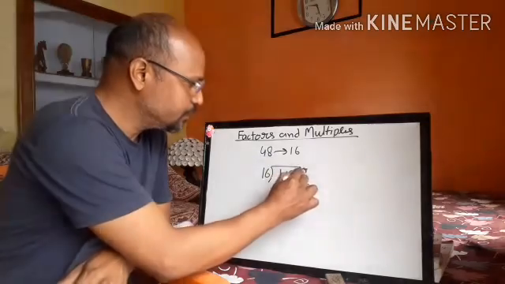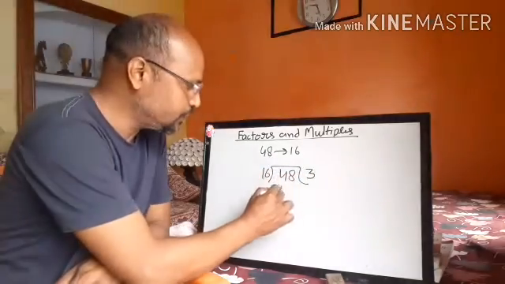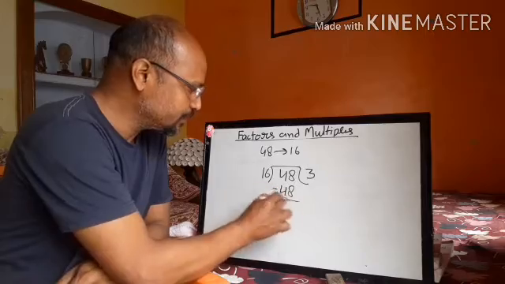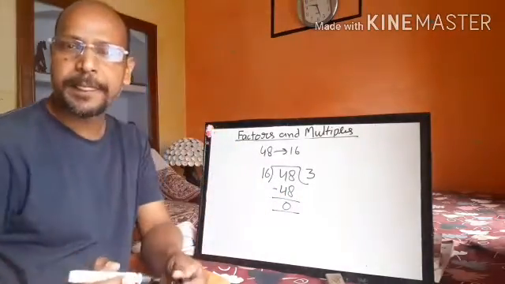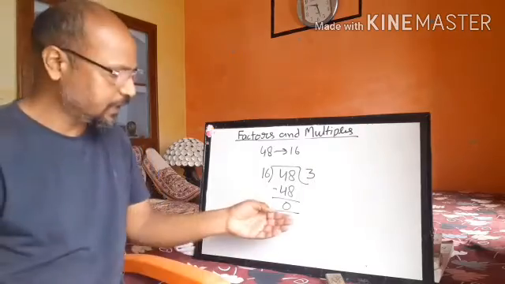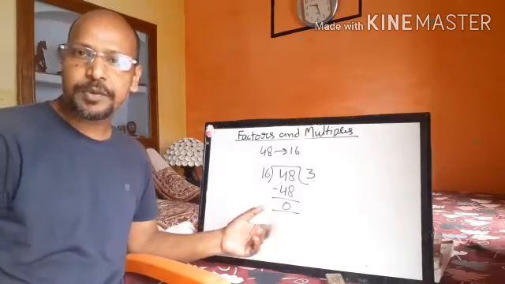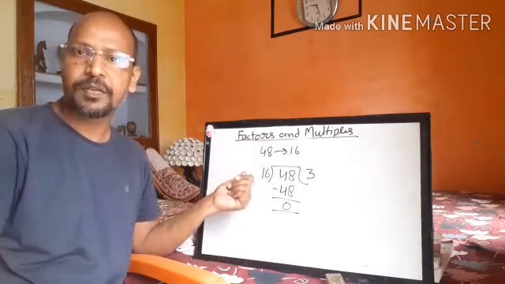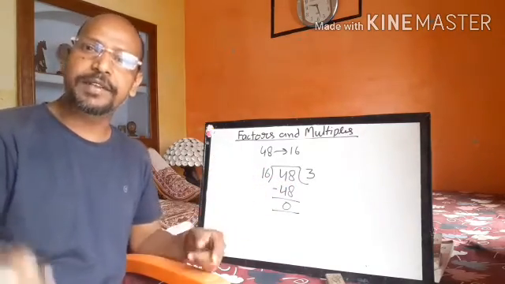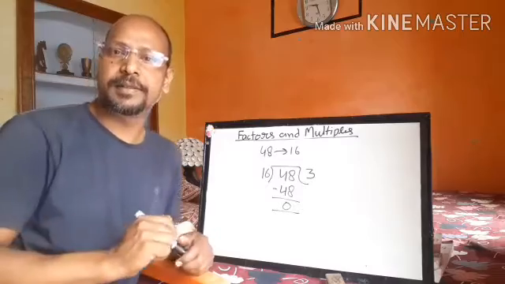We have 3 16s are 48, and the remainder is 0. So here we get the remainder as 0. So it is proven that the multiple is always divisible by its factor, or a factor always divides the multiple.